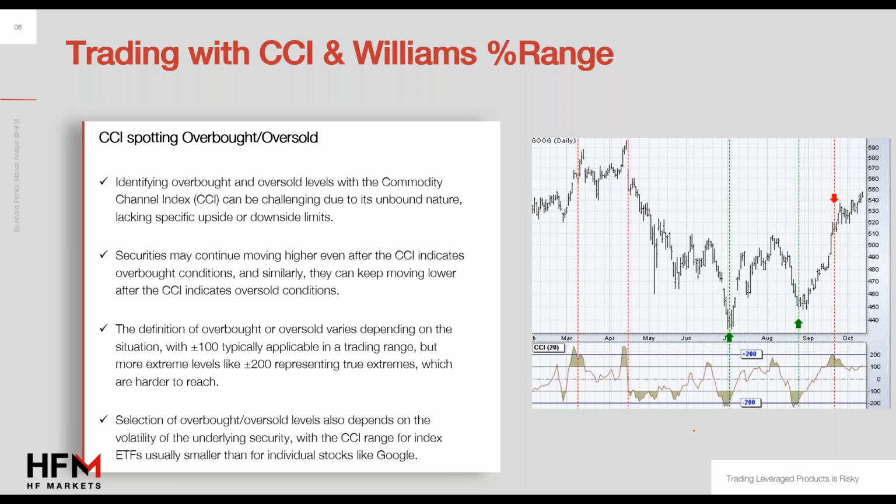That's why it makes any overbought or oversold assessment subjective. Also, we might see an asset continue to move in the same direction, let's say higher, even though the indicator has become overbought, or lower even if the indicator becomes oversold.